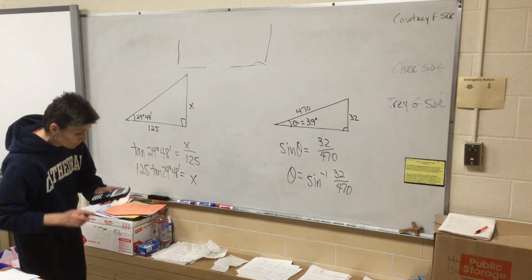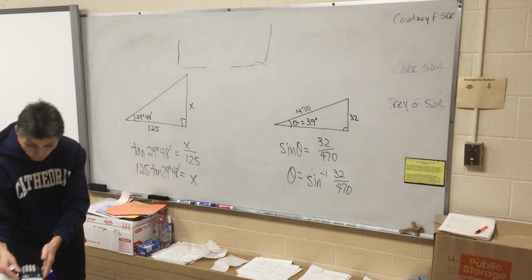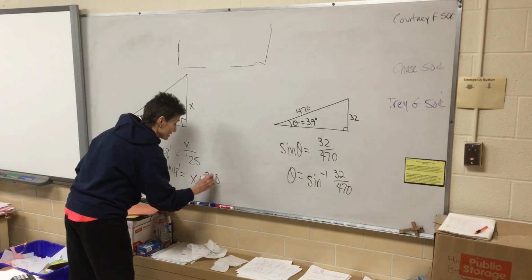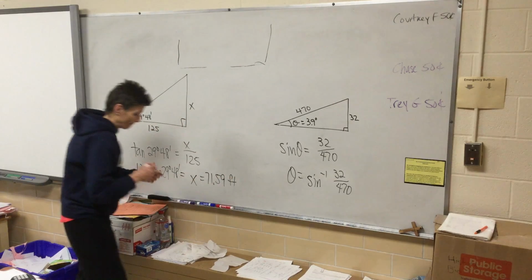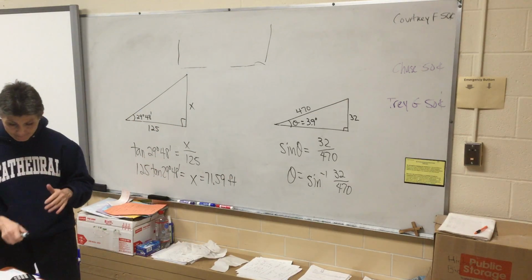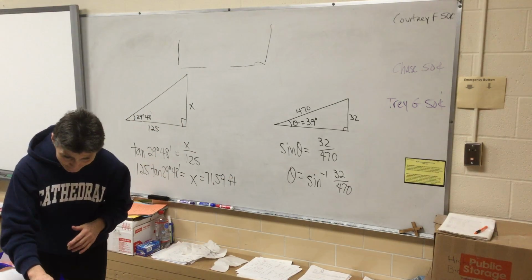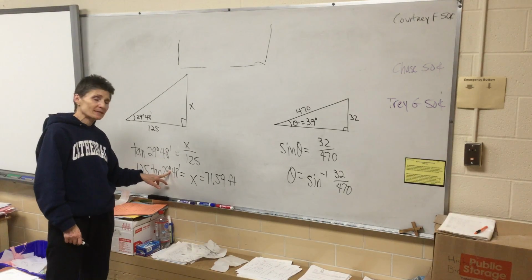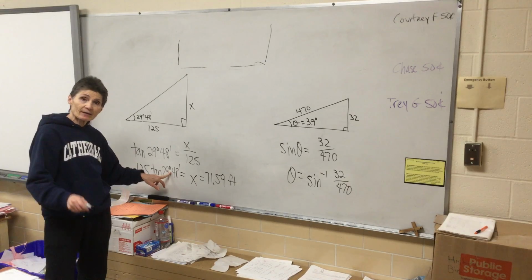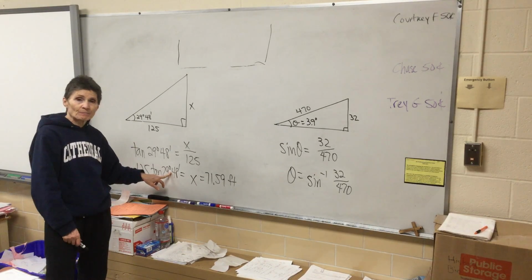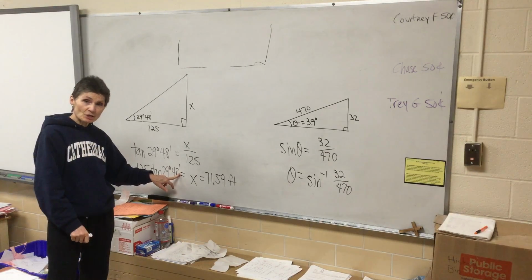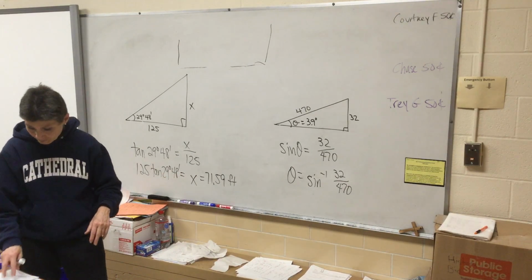And you just found 125 tangent 29 48 is 71.59 feet. So to get the degree mark, second angle, and right there it is. To get the minute mark, second angle, click down to the hash mark, and there it is.